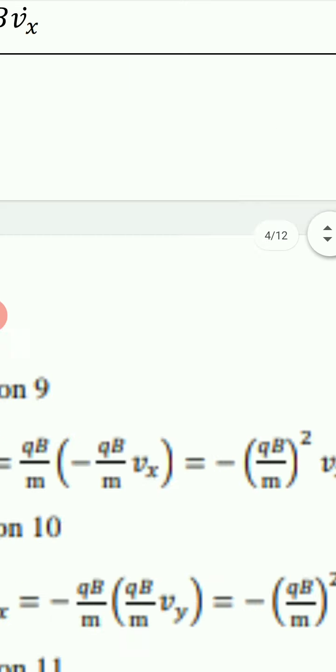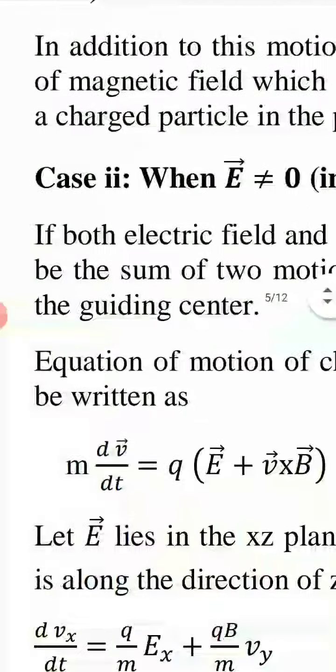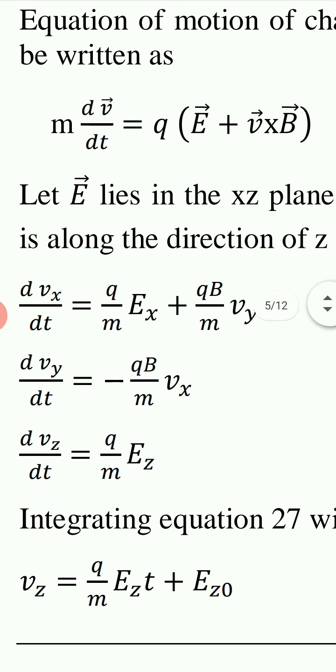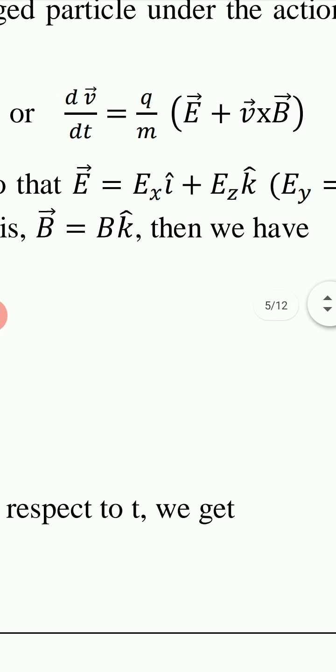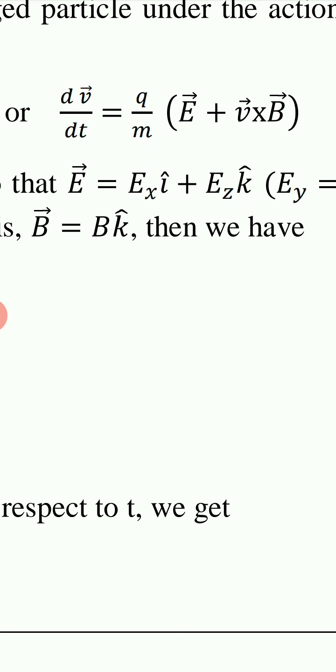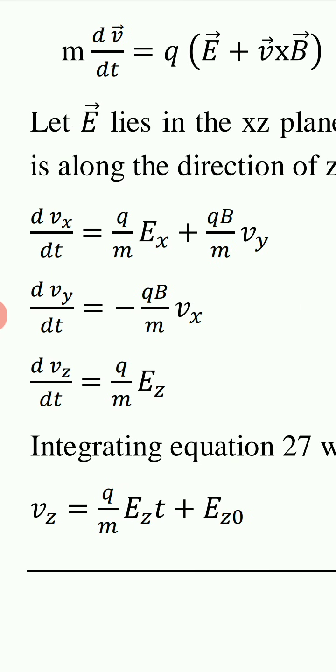We use this result here in the second term, which is q/m into v cross B. So the x component of this equation becomes dVx/dt equal to q/m Ex plus qB/m Vy. Similarly, for the y component, dVy/dt equal to minus qB/m Vx. And for the z component, we have dVz/dt equal to q/m Ez.